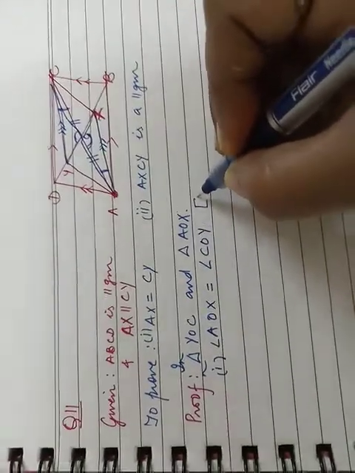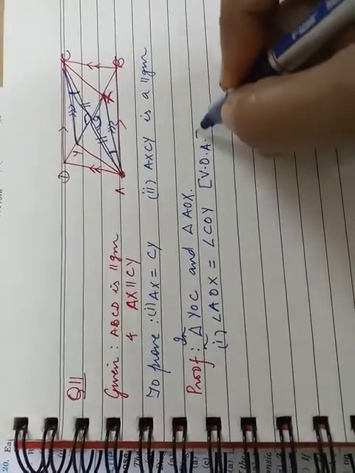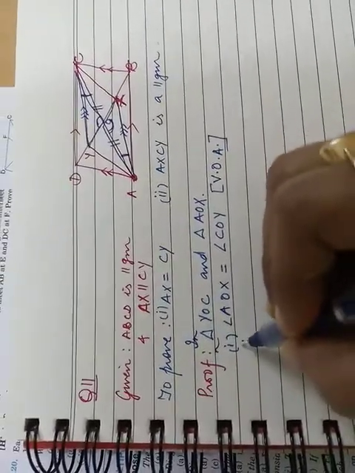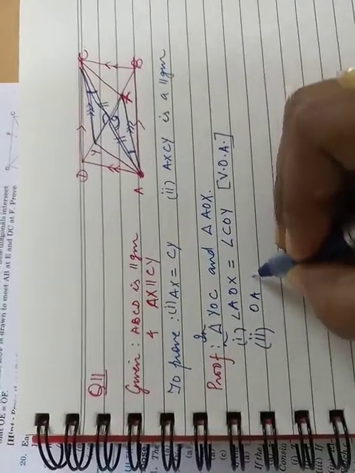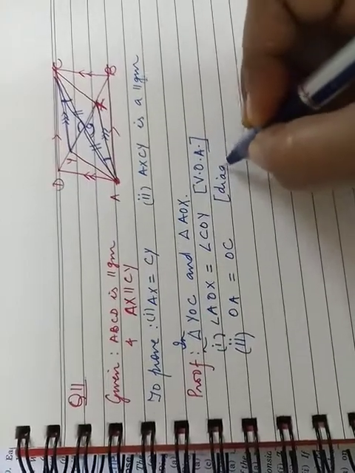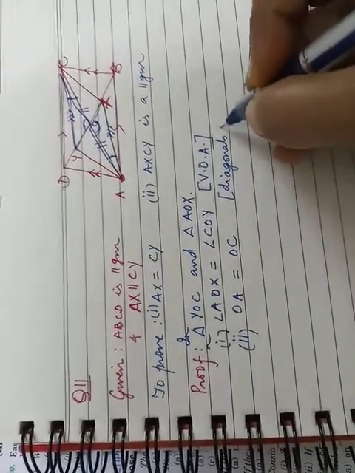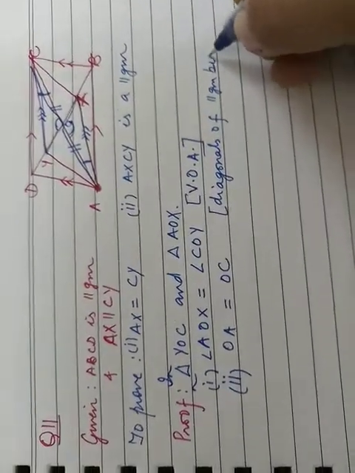Reason: VOA, that is vertically opposite angles. Second part, OA is equal to OC. Reason: diagonals of parallelogram bisect.